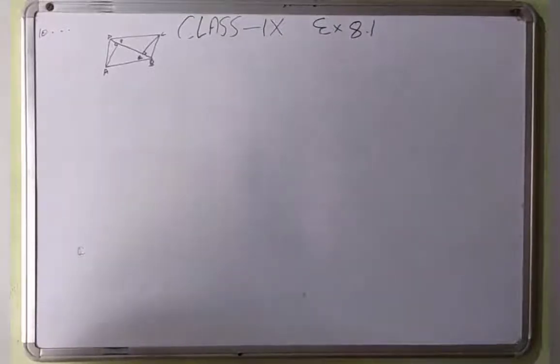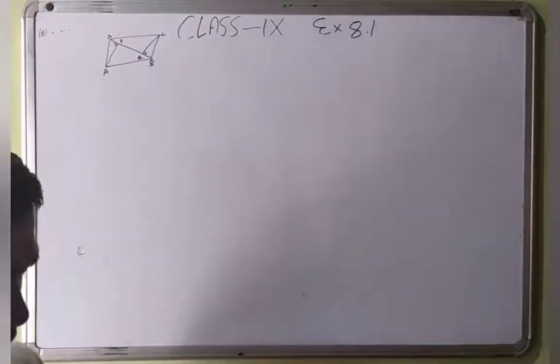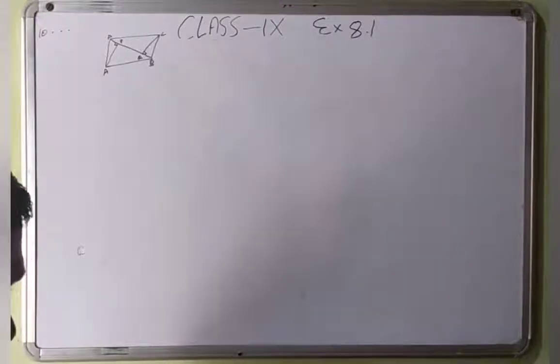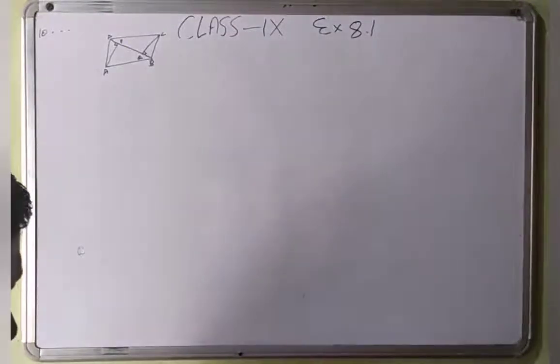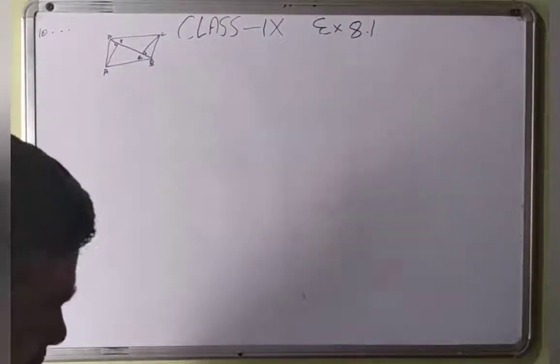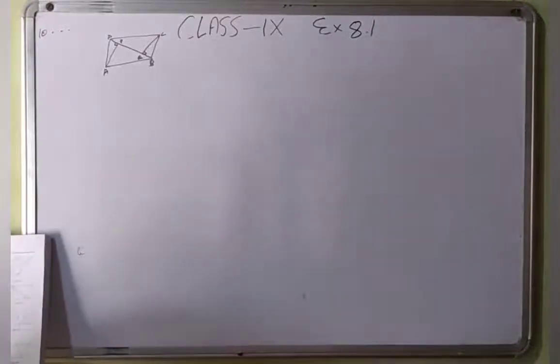Question number 10. ABCD is a parallelogram and AP and CQ are perpendiculars from the vertices A and C on diagonal BD. Show that triangle APB is congruent to triangle CQD.